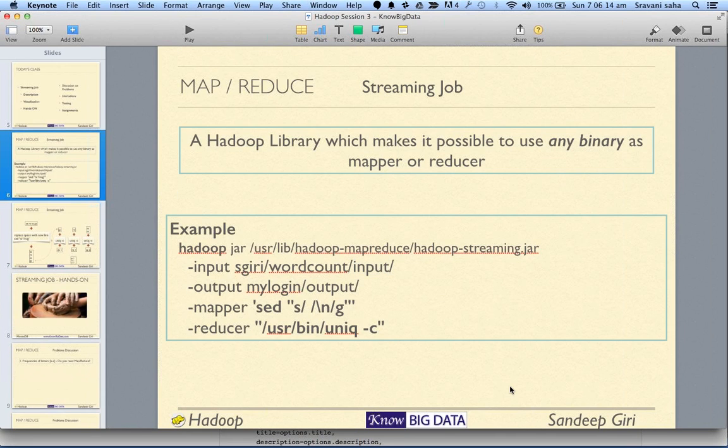All right. So before getting into the four problems, I'll just take a little bit more time. As we discussed, when we write map and reduce, your mapper is run on multiple task nodes.